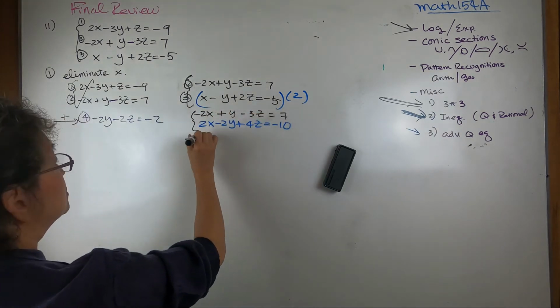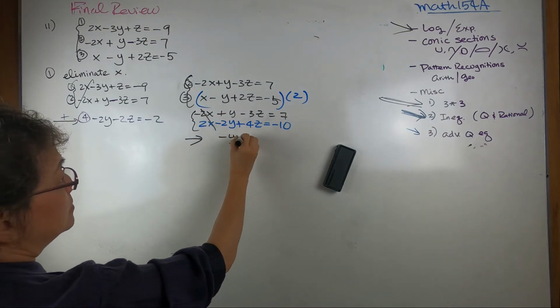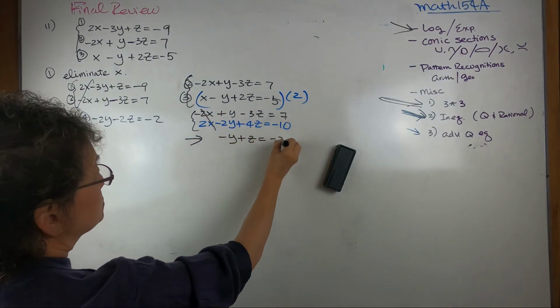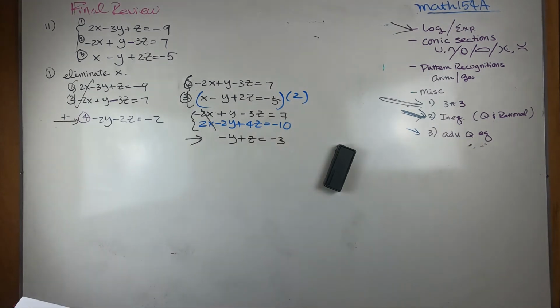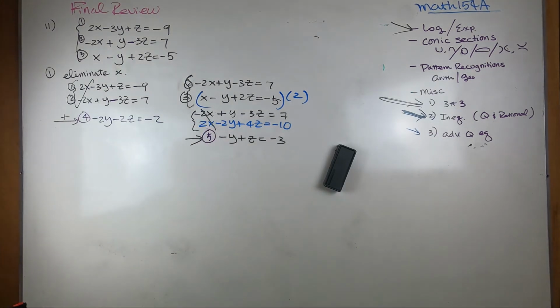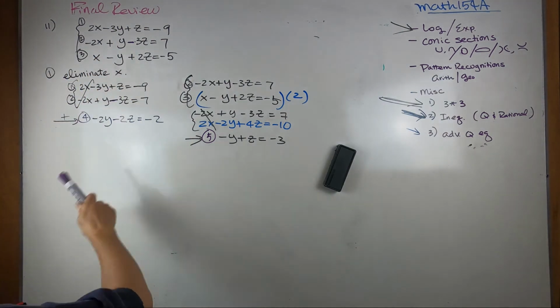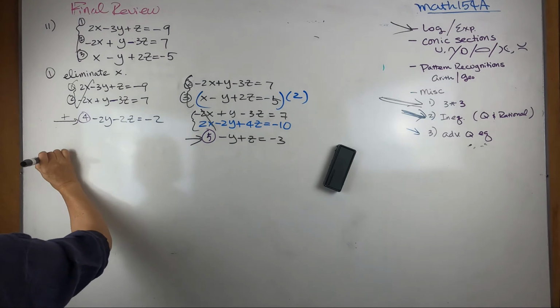Okay, then I put it together. This one, negative y plus z equals negative 3. Let me double check if I have typos. Okay, so I have a new one, right? So from 3 by 3, now I'm down to 2 by 2.